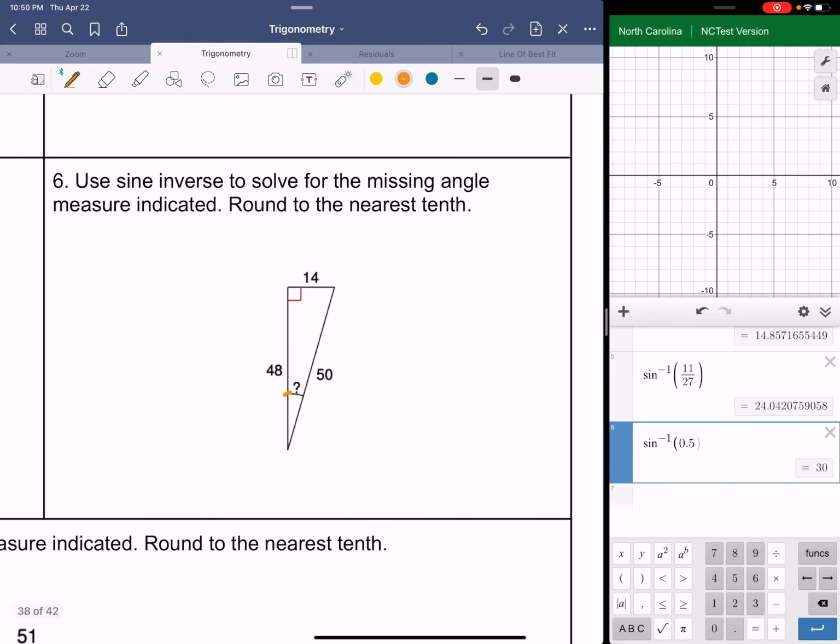All right, number 6. We have all three sides given to us here, but it says to use sine. Okay, so since it says to use sine inverse, we need to make sure that we use the opposite and the hypotenuse.